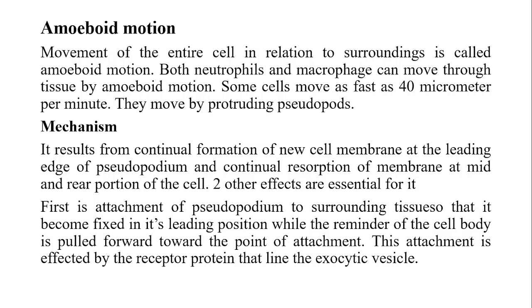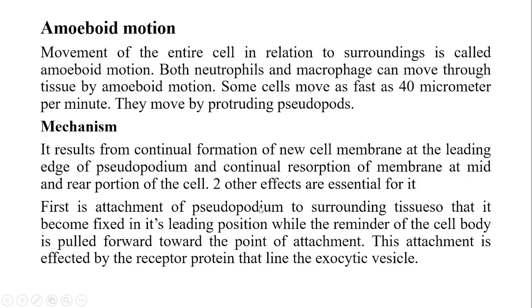They perform this amoeboid motion through the formation of pseudopodium. Pseudopodium is nothing but an extension of the cell membrane of the WBC, and one portion of the cell will linger forward, which will lead the cell to the particular place of destination.